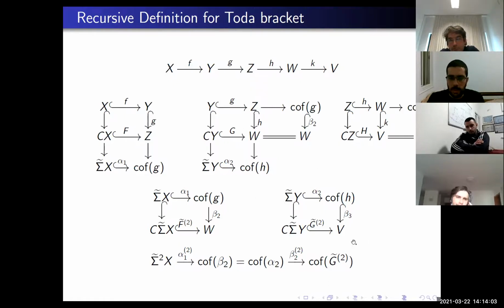Now if this composition is null homotopic and I have a longer sequence and the other is null homotopic, I get two squares and I take the alpha of this and the beta of this and compose together.